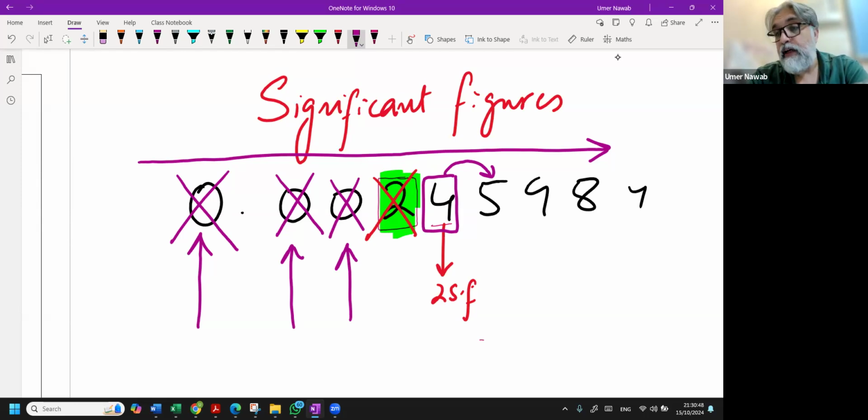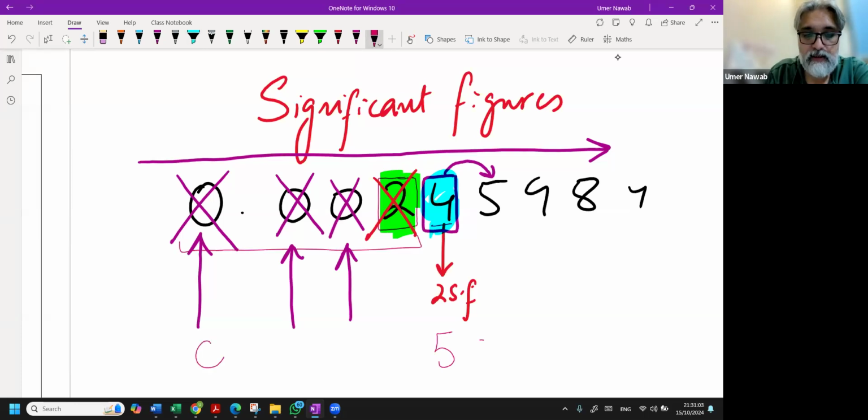Since it is 5, I need to raise this number 4 by 1, so it turns into 5. The rest of the numbers stay as they are: 0.0025. This is written to two significant figures.